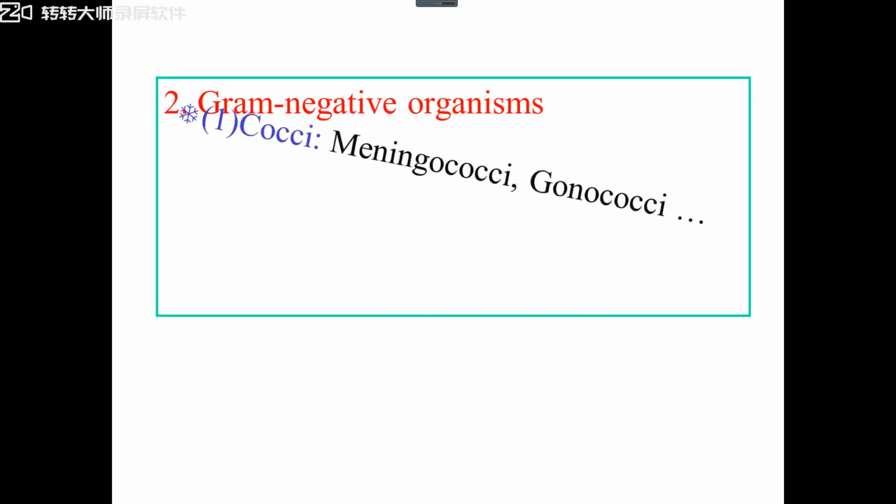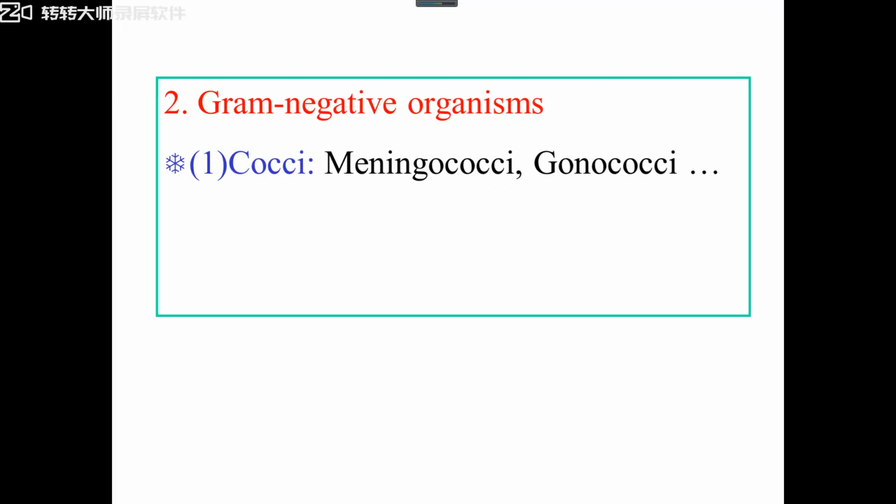Penicillin G also can kill some gram-negative cocci, such as meningococci and gonococci. For gram-negative bacilli, no use. So why do we call penicillin G a narrow spectrum antibiotic?